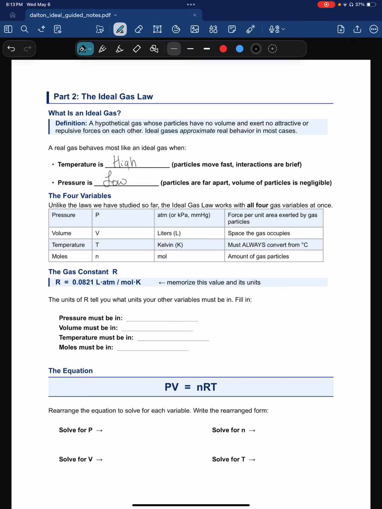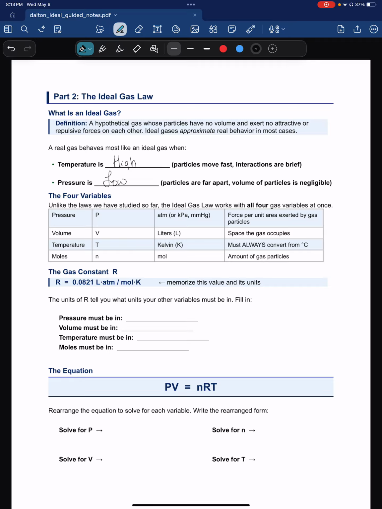That's because the particles are far apart, and so the volume of the particles is negligible in those cases. And so when we're in either or both of these scenarios, you can actually just throw out the correcting factors altogether, the ones that I said earlier that we weren't going to use. But you might be interested to know that a real gas behaves most like an ideal gas in these two scenarios, which is pretty cool.